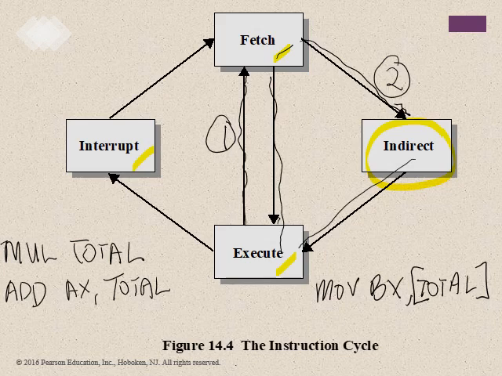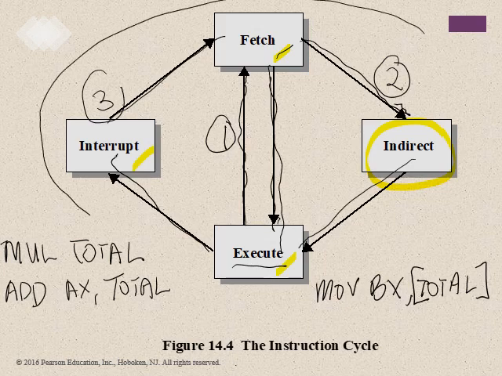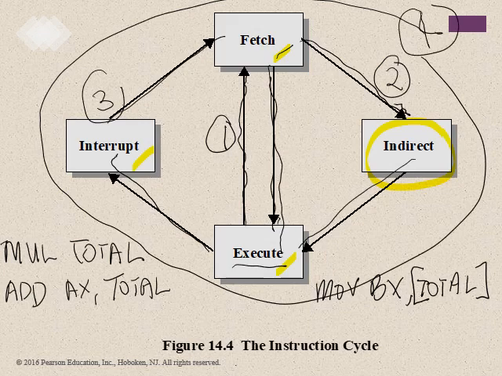The third one is using interrupt. After you have fetch, you execute, and then you found out that an interrupt may need to be processed. So you go to interrupt before you fetch the next instruction. So fetch, execute, interrupt. And lastly, of course, you can use all 4 stages.